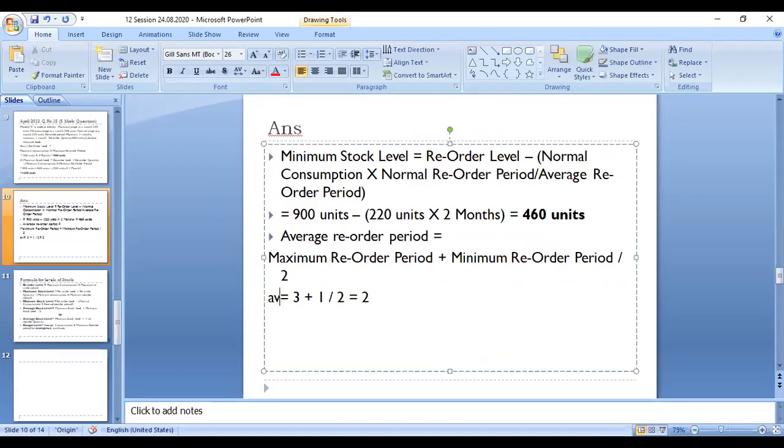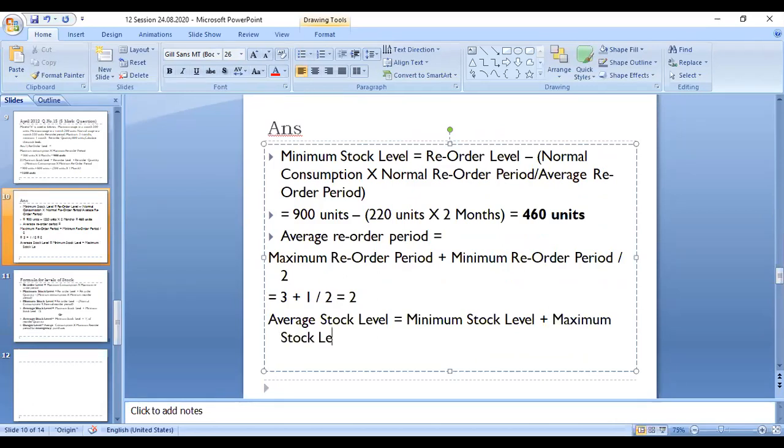Average stock level is equal to minimum stock level plus maximum stock level, divided by 2. Okay, what is the answer for minimum stock level?